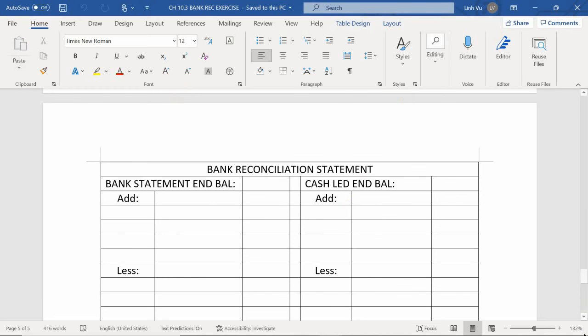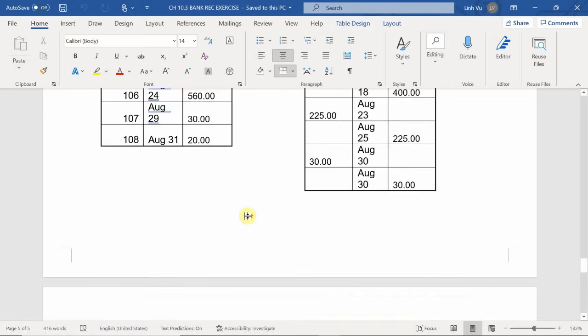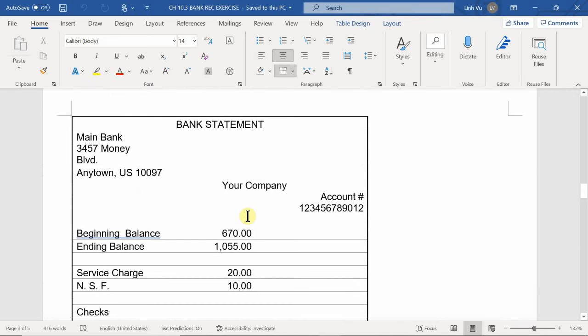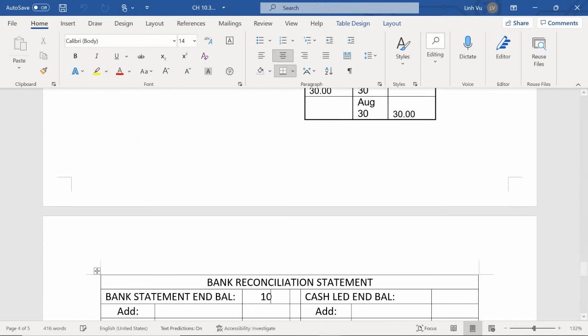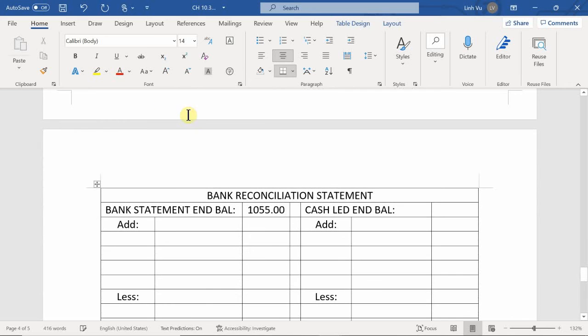So let's find what that number is. Here's your bank statement. What is the ending balance in your bank statement? 1,055.00, okay? 1,055. What is the first thing you're going to add?